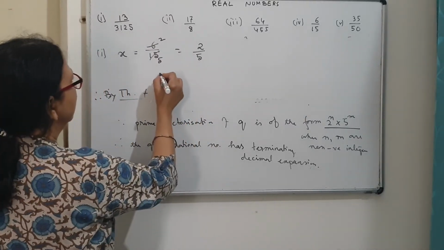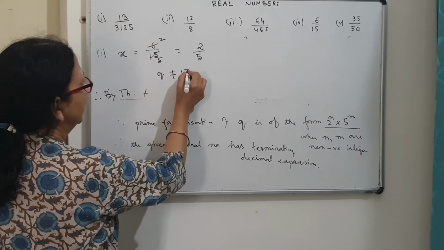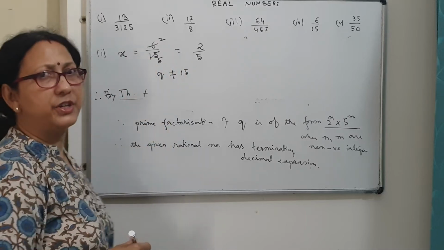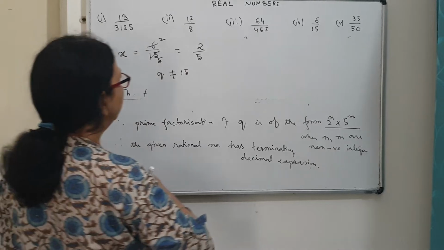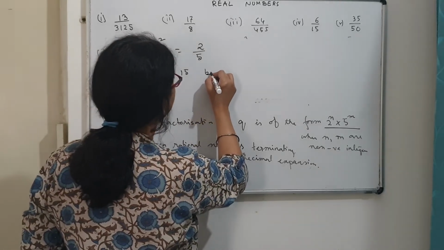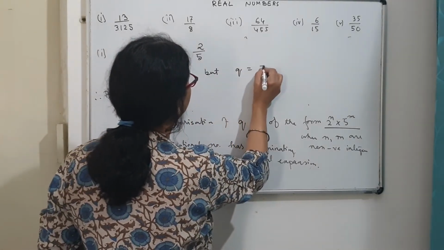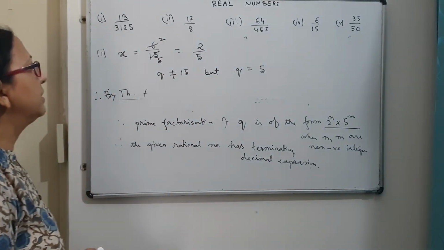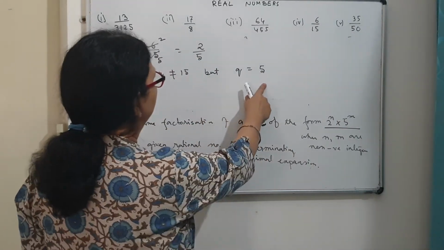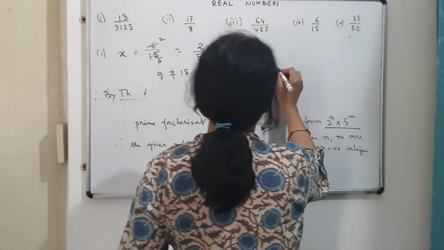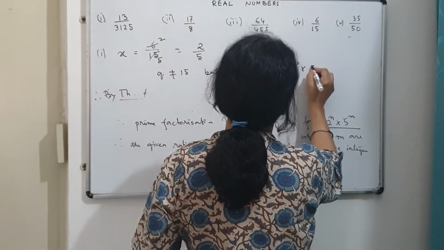So you see, q is not equal to 15. Remember, always you have to check whether they are co-prime or not. When they are co-prime, then only I write the value of q. But q is equal to 5, because after bringing it into the lowest form, we can write the value of q. So this is of the form 2 to the power 0 into 5 to the power 1.